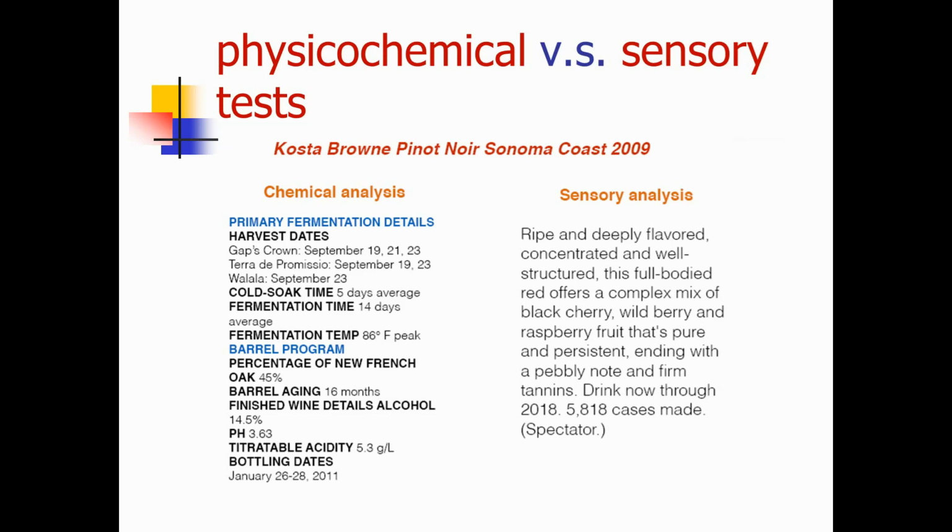The example I provided is the same wine, Coastal Brown Pinot Noir from Sonoma Coast in 2009. The chemical analysis is like this one. The sensory analysis is like this one. It indicates it's ripe and deeply flavored, concentrated, and well-structured. Full body red offers a complex mix of black cherry, wild berry, and raspberry fruits, etc.